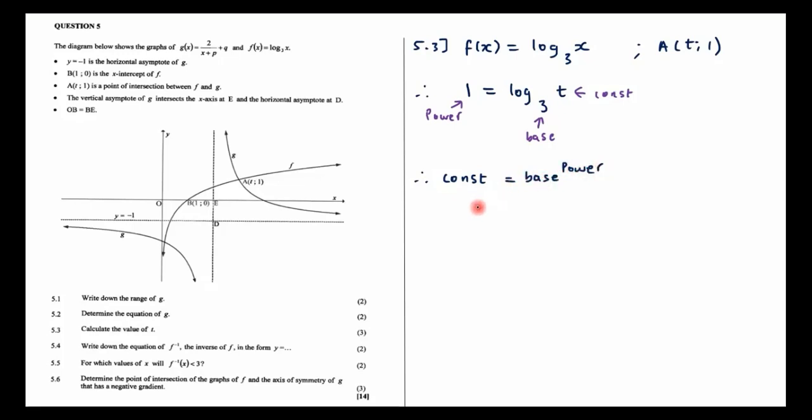So what's my constant here? It is t. What is my base? It is 3. What is my power? It is 1, and therefore t is equal to 3. Now this value, you're going to get even if you had used the hyperbola, but I just wanted to show you how easy this becomes when you use the formula that I've given you.